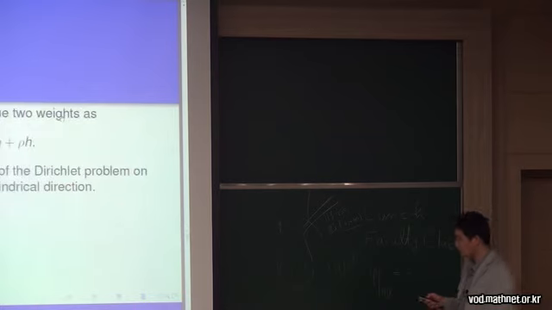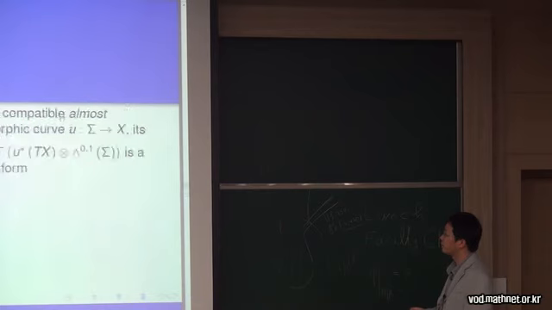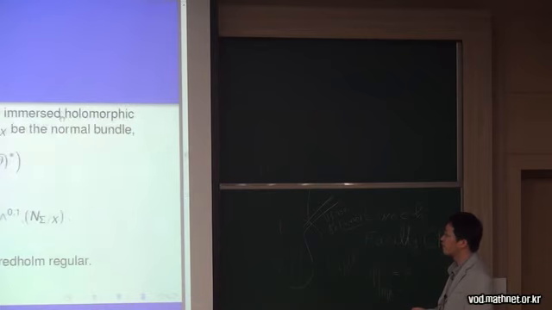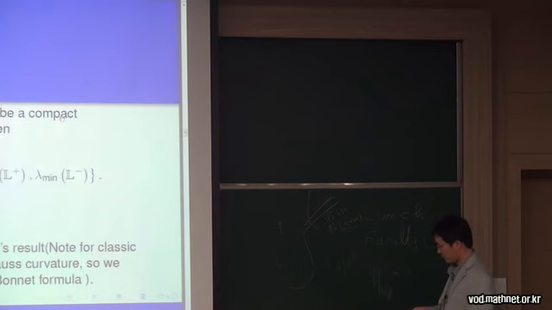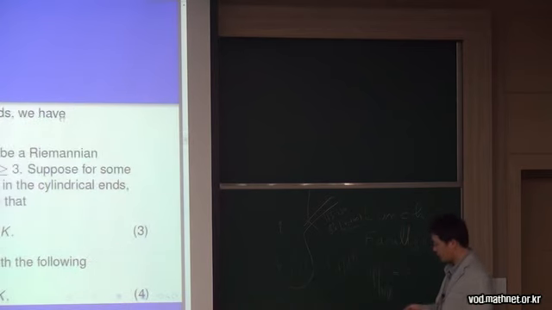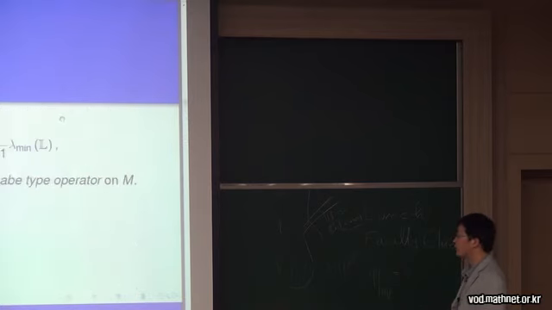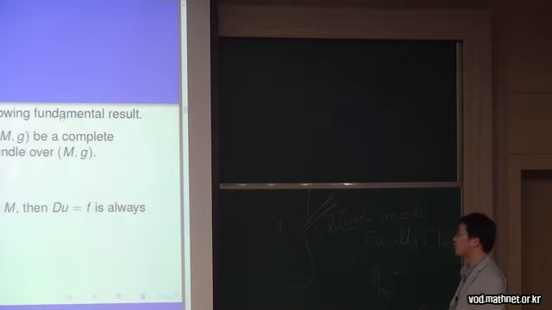Comparing our result to Gromov and Lawson, we do not require the curvature to be positive in the compact part, but here the curvature is required to be bounded from below by a positive constant alpha.